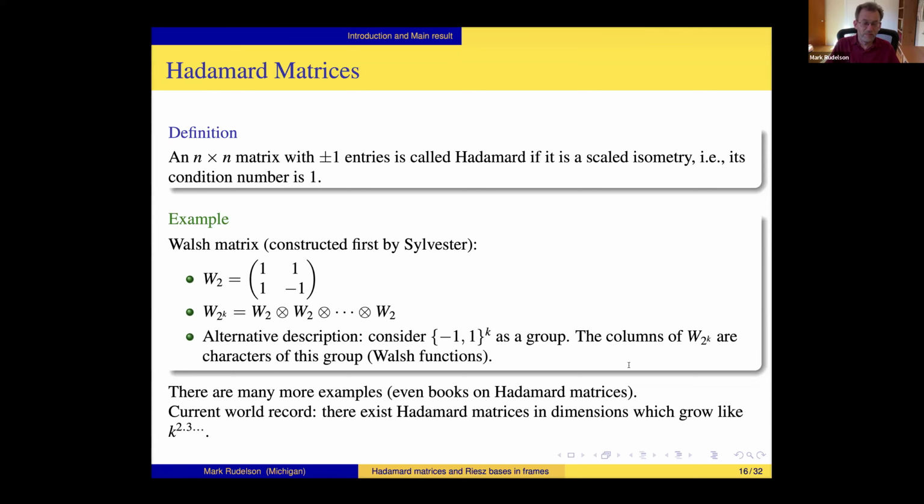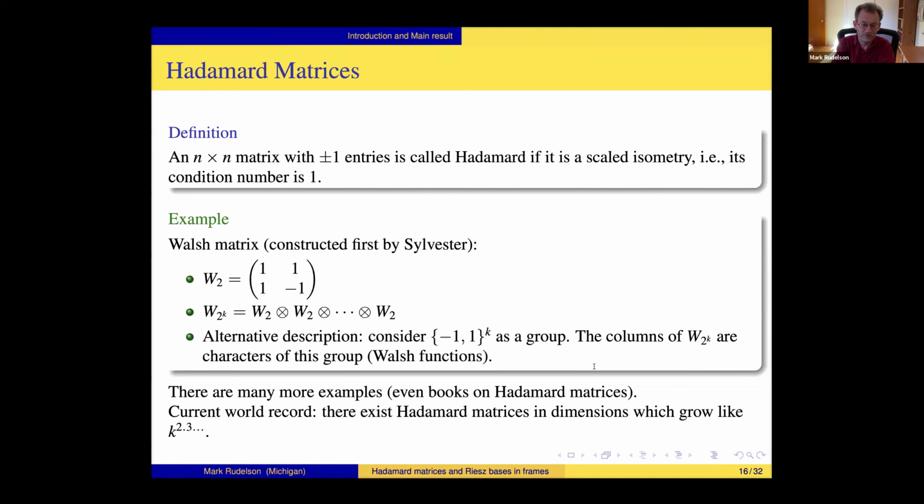And there are many more examples of Hadamard matrices. Paley provided two deep number theoretic constructions of Hadamard matrices, and there are actually books written on Hadamard matrices and their existence.